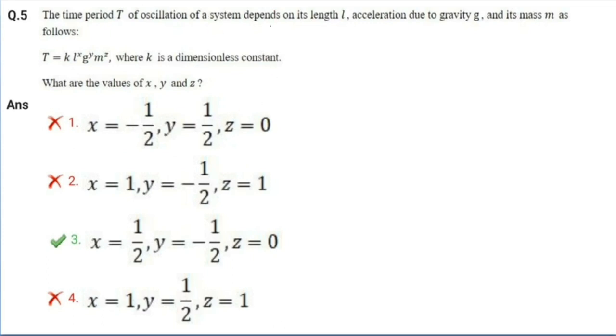The time period t of oscillation of a system depends on its length L, acceleration due to gravity g, and its mass m as follows.